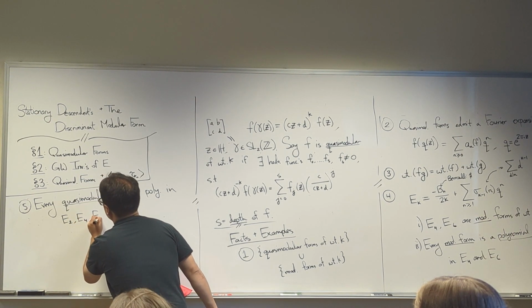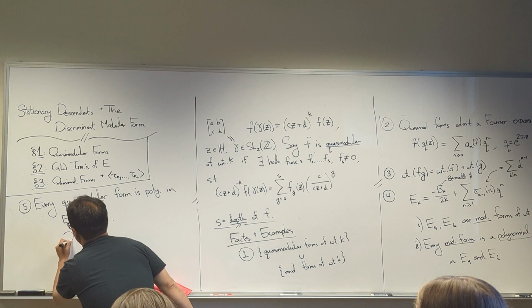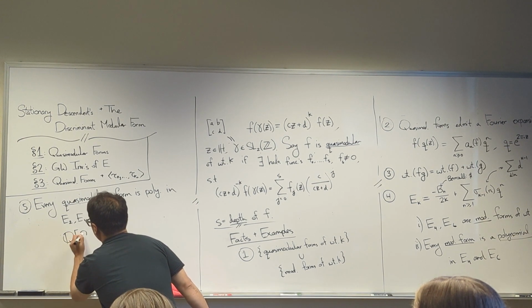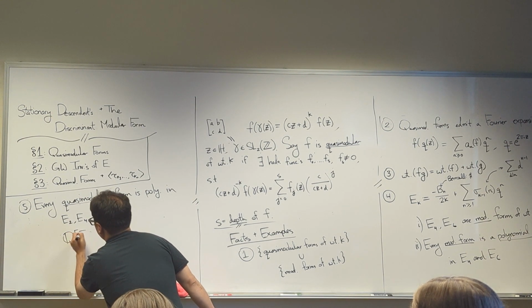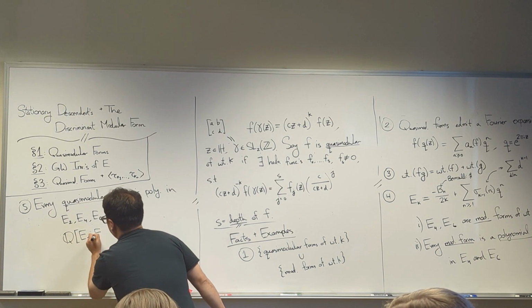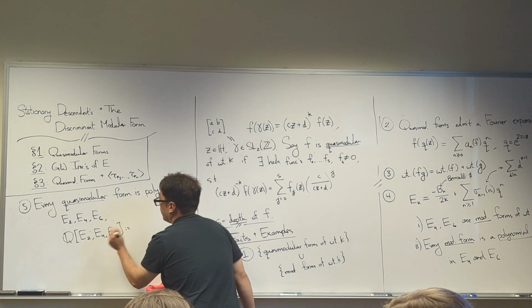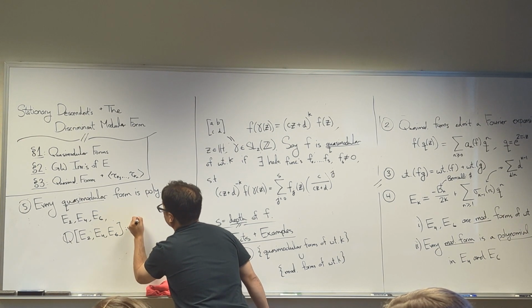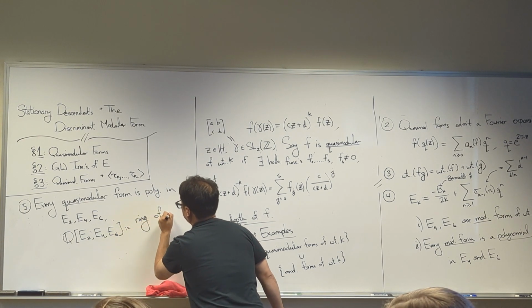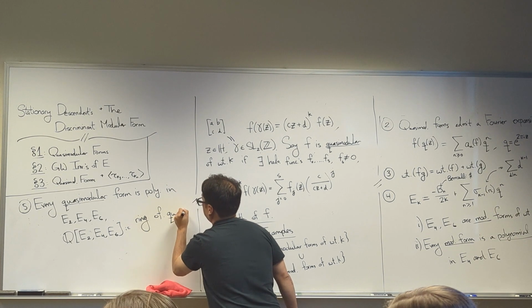For the rest of the talk, we'll call this polynomial ring the ring of quasi-modular forms. So in particular, assuming that there's no relations as well.